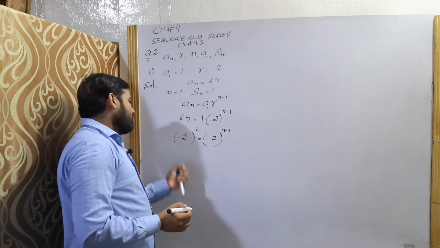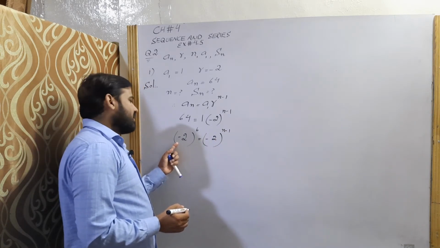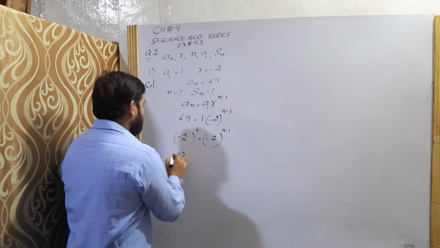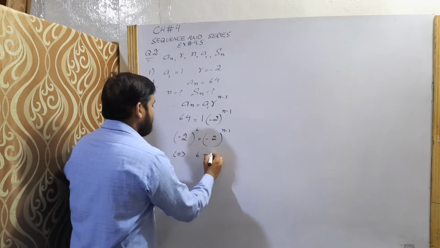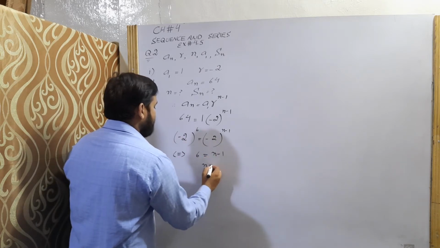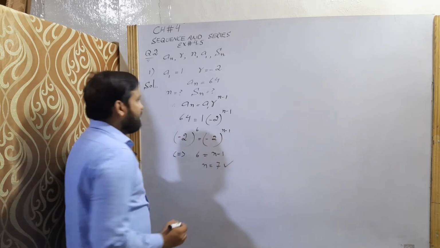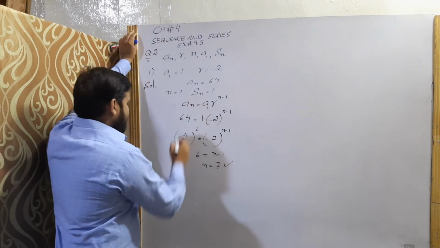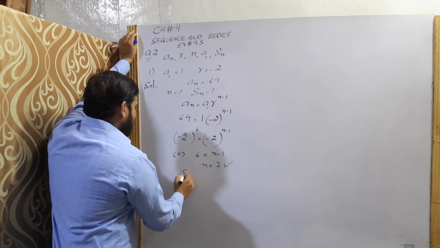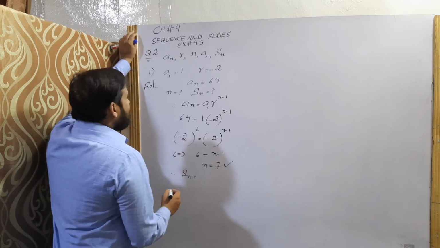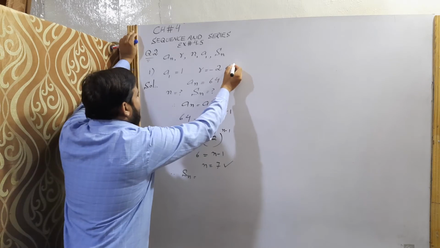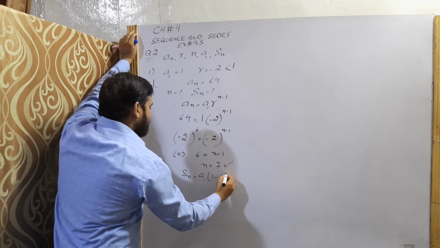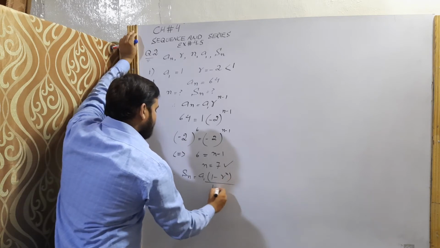The reason behind making negative sign is that because there is minus 2, so this can be written as 6 is equal to n minus 1. So in this case number of terms are 7. Next one, find Sn, and we know that summation Sn is equal to, r is less than 1, so summation formula is A1 times 1 minus r raised to power n divided by 1 minus r.